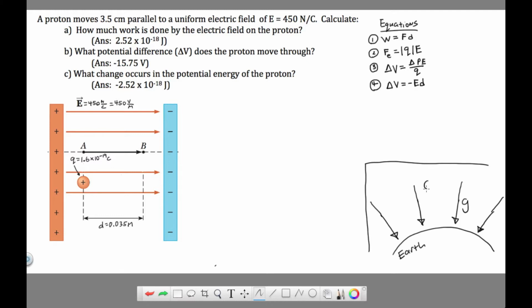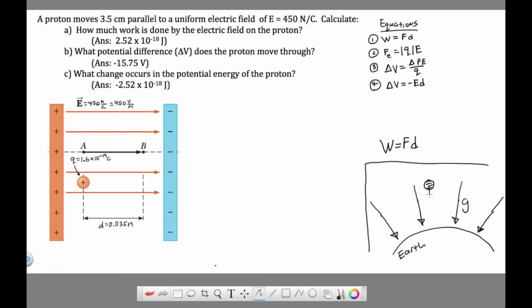So if we put a mass in the Earth's gravitational field, as the mass falls, work is being done by gravity. The basic work equation, I have it up here. The basic work equation is work equals Fd, force times distance.